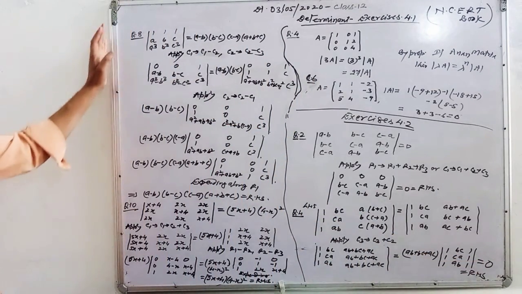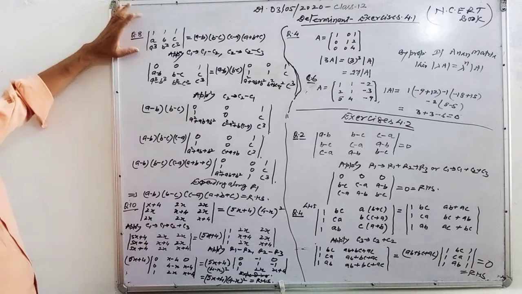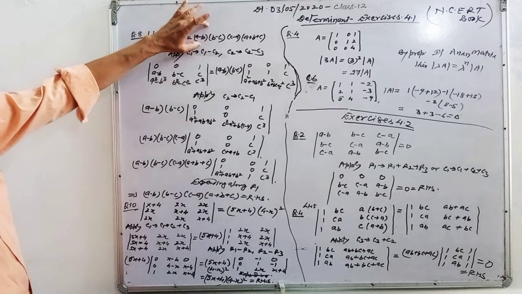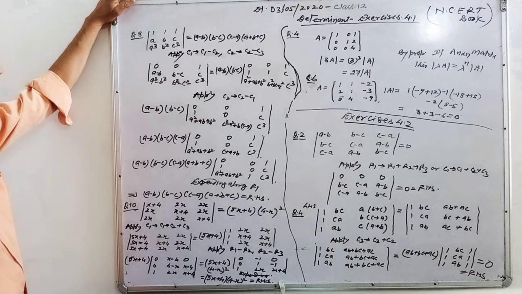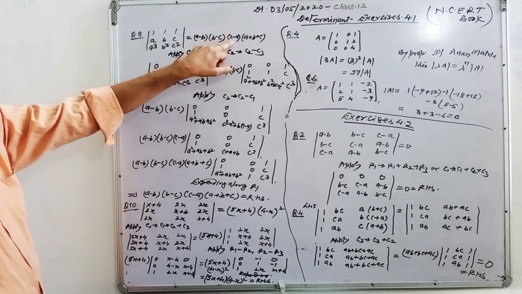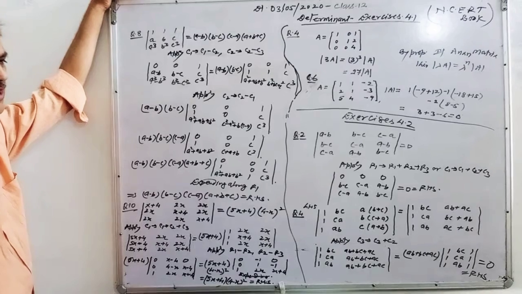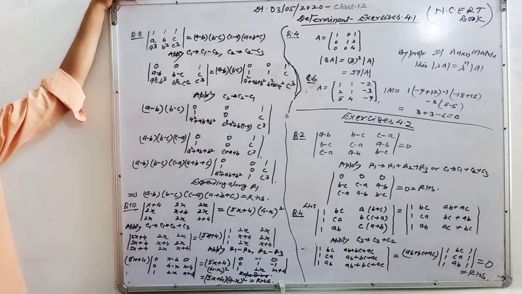Now see the next question, question number 8. This is your determinant and prove this result using the property: A minus B, B minus C, C minus A, A plus B plus C. There are 4 factors. In 4 factors, you will prove the result.